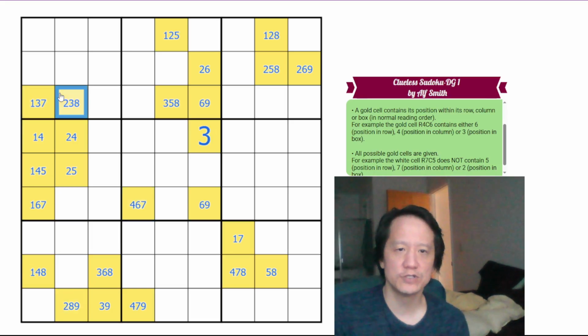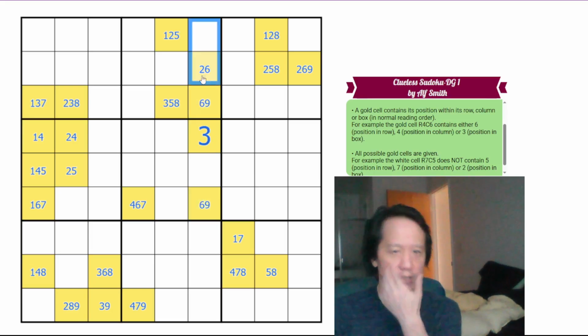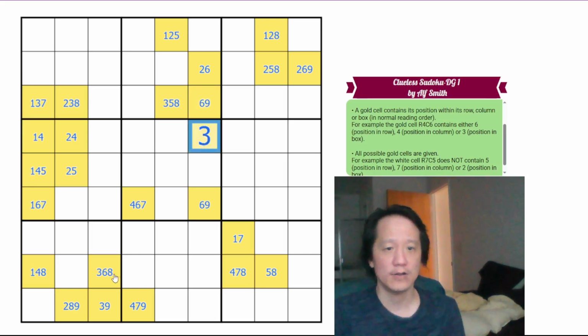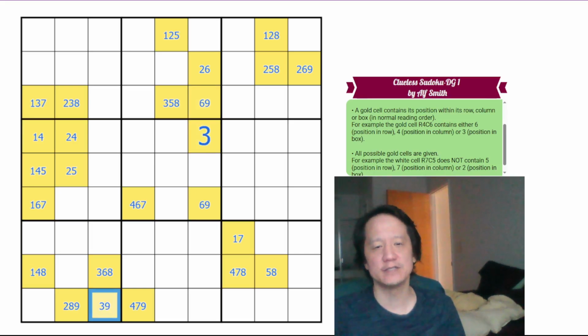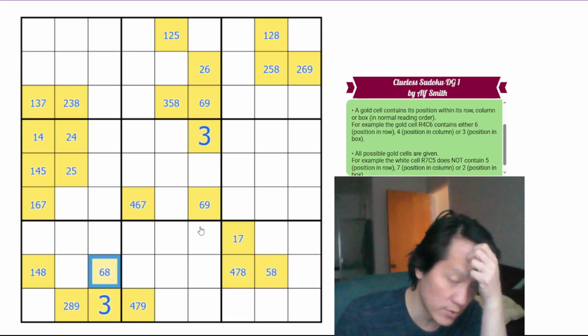In the eighth position, there are 3. In the ninth position, there are 3, but we have a 6-9 pair in that position because this 3 had to be here. Therefore, this cannot be a 6 or 9, so this is 3, which means this can't be 3 here.